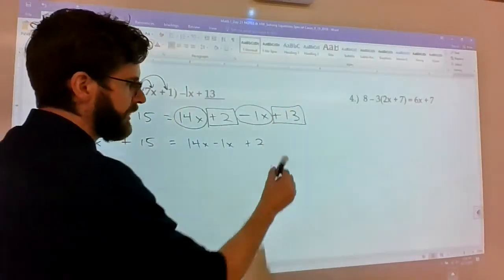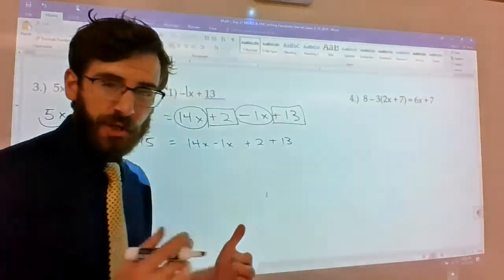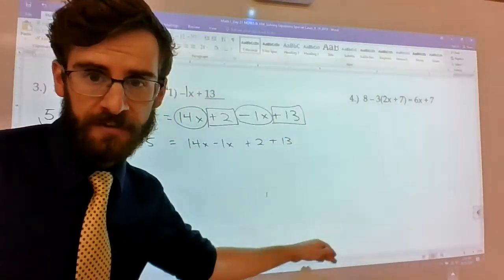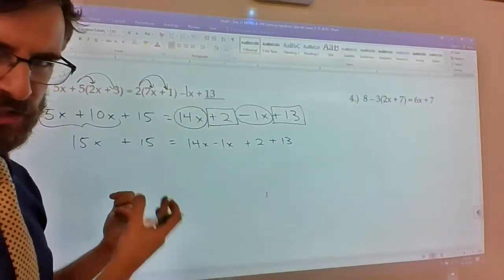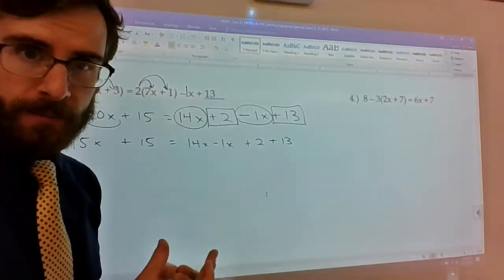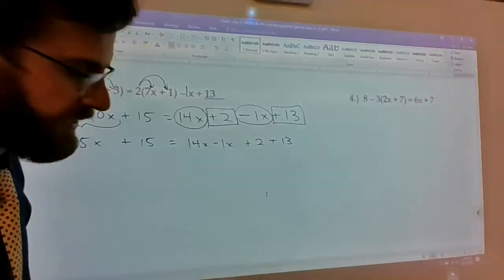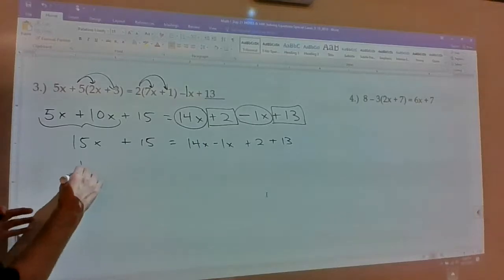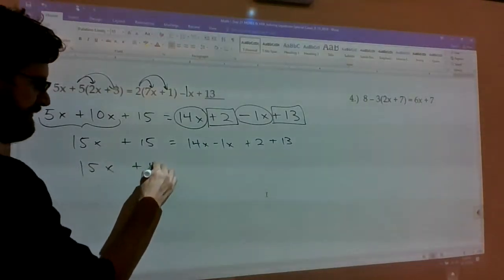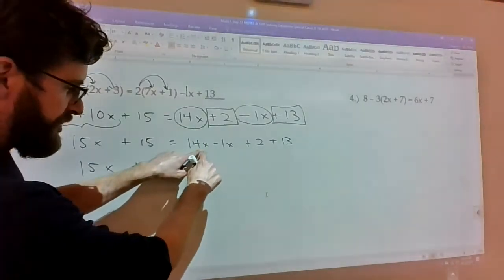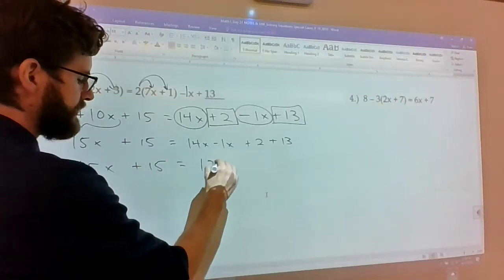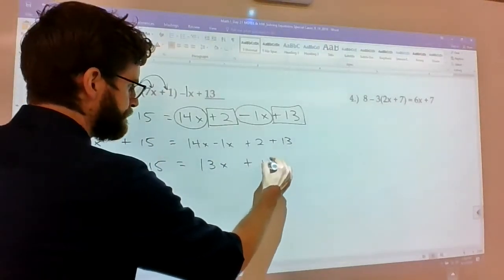That's the commutative property. Again, I'm not asking you guys to document the actual properties off to the side, just showing me the steps along the way, like this. All right, so I got 15x plus 15 is equal to, this is going to be 13x plus 15.